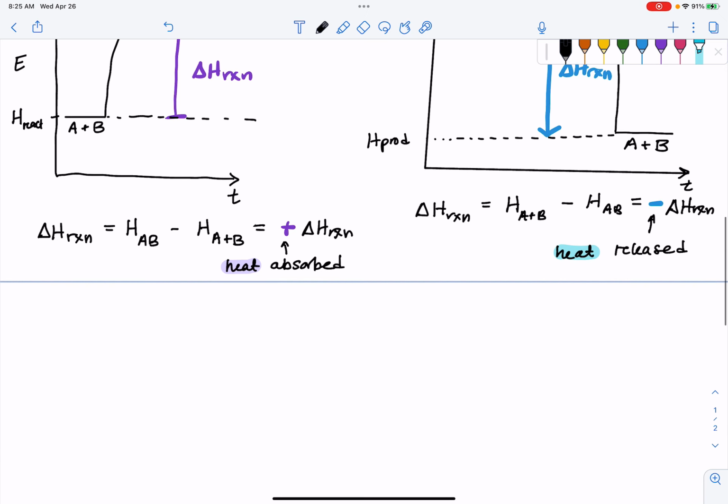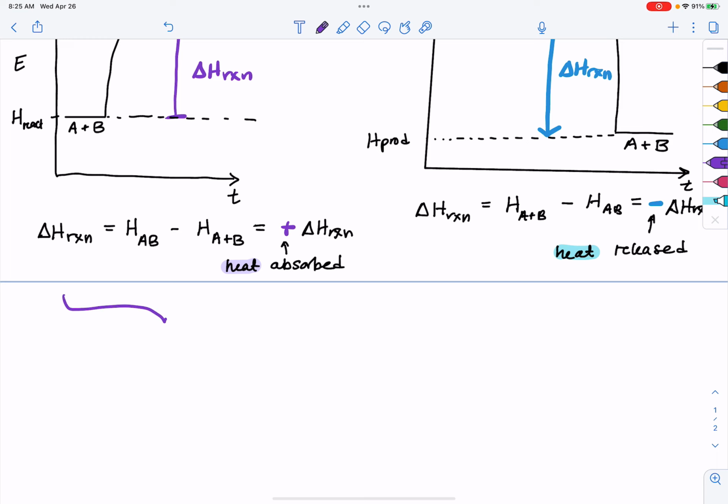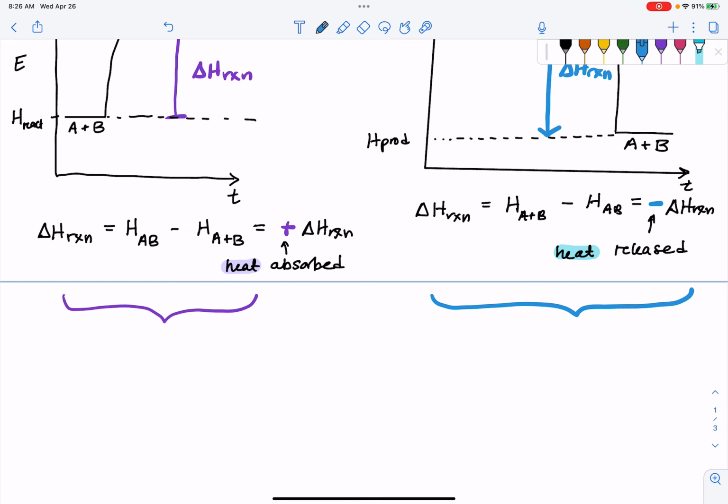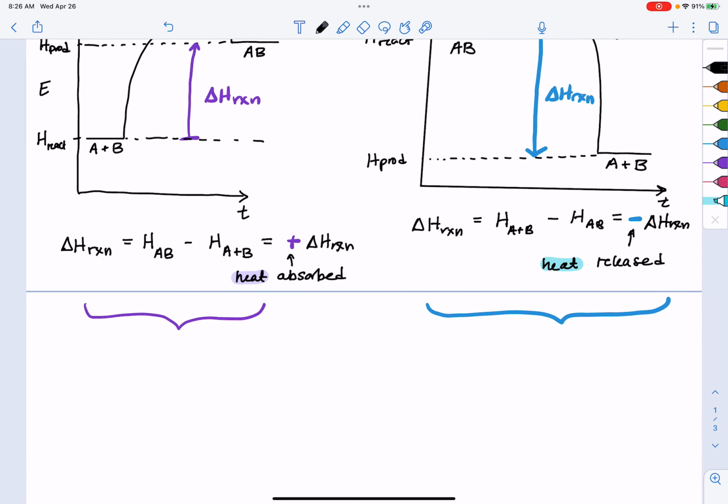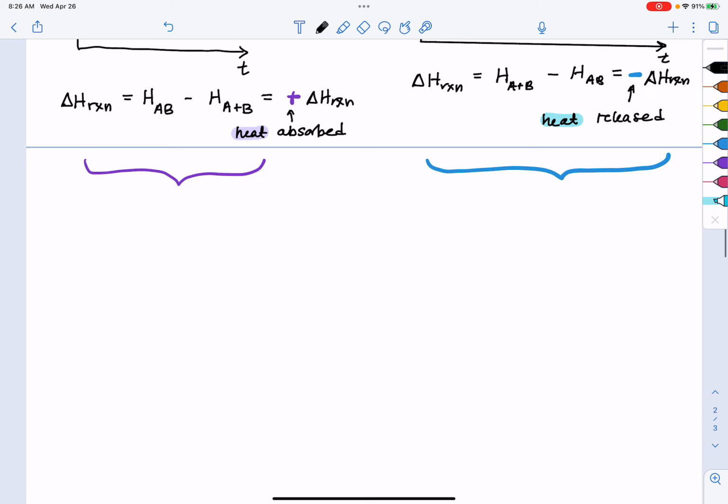Now let's talk a little bit about the consequences of what we would feel if we were to observe endo and exothermic reactions in the lab. So let's think about what we might actually perceive as a result of each of these processes. So let's see here.